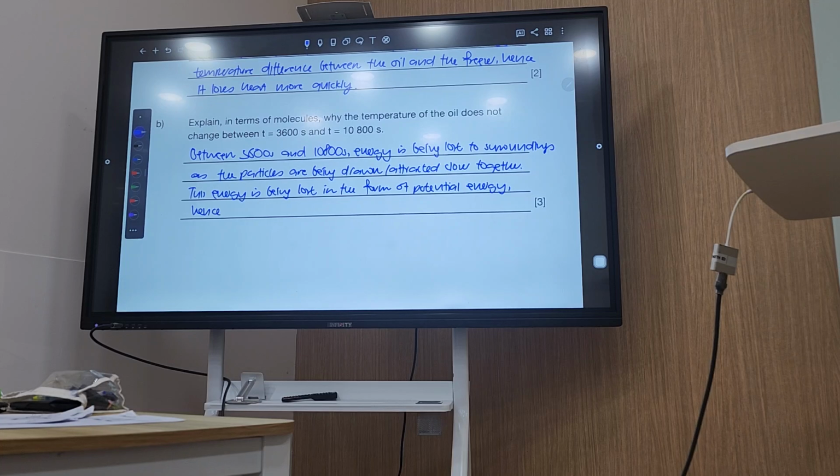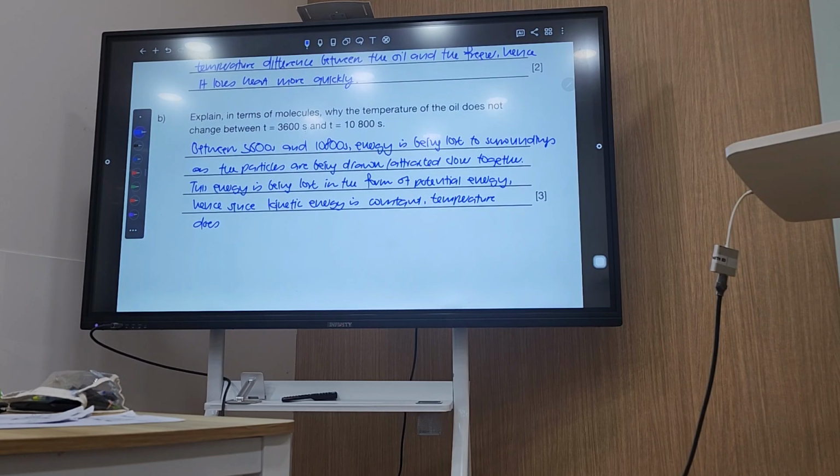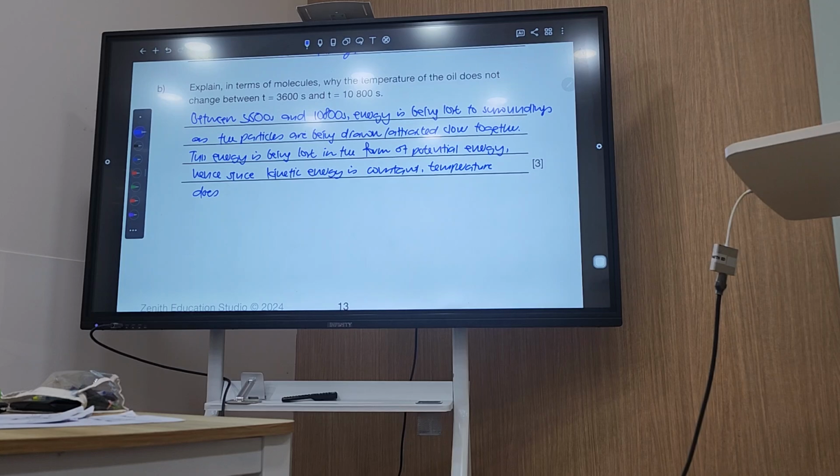Hence, since kinetic energy is constant, temperature doesn't change. Remember that state change is based on potential energy, temperature change is based on kinetic energy.